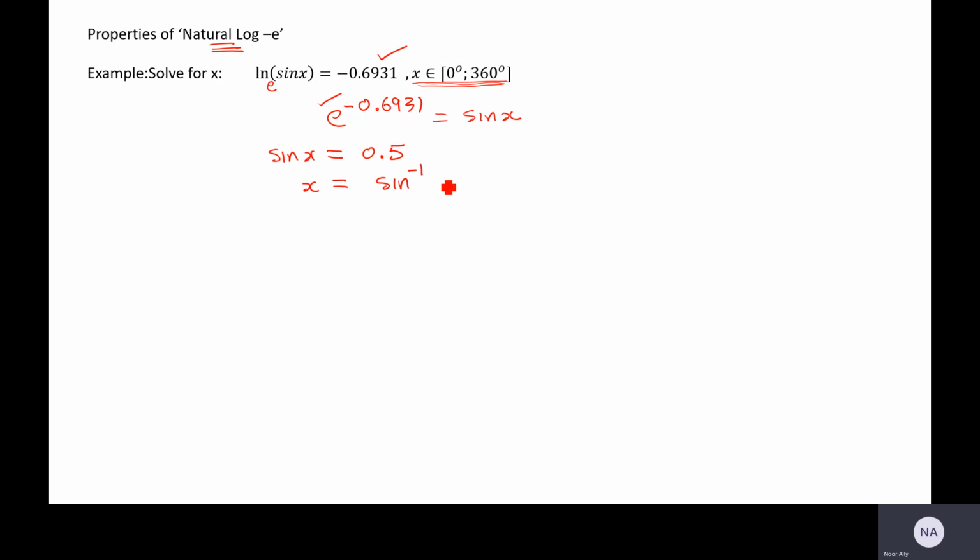Arc sine of 0.5, and it's positive, so it's in the first quadrant, 30 degrees, or in the second quadrant, 180 minus 30. Therefore my answer is 30 degrees or 150 degrees. So now, using logarithms, generating trigonometric equations and using the definition of the natural log.